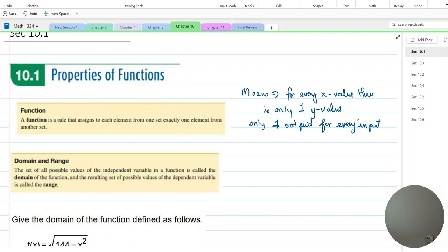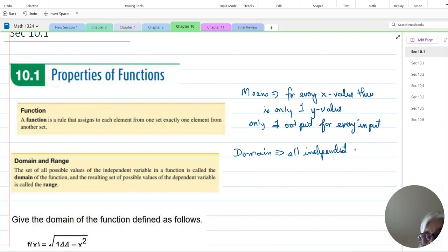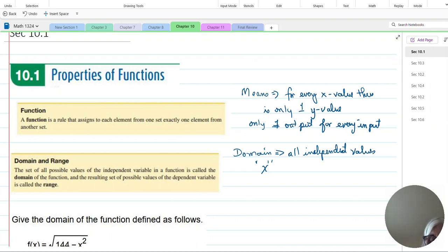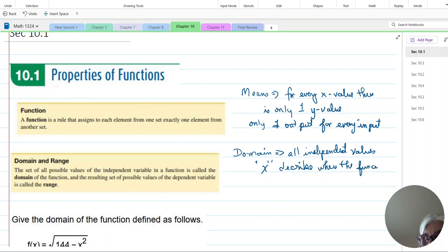All right. Now, the thing about a function, it has a description of domain, all the independent values, usually x, that describe where the function exists.